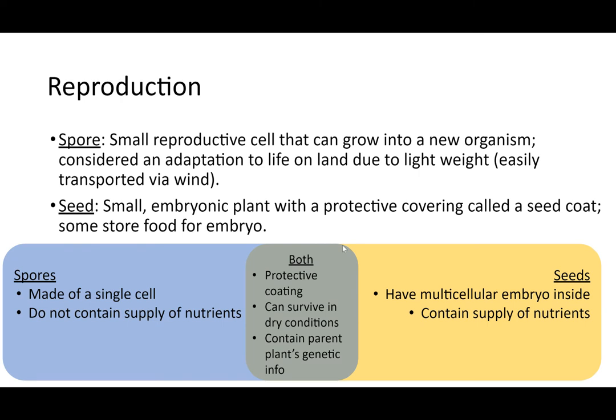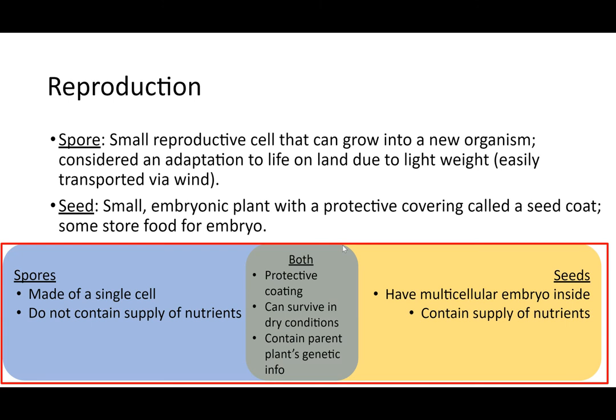Remember, we said that ferns use spores to reproduce. They use wind. And then, of course, there is the seed, which is a little bit more advanced and complicated. It's still pretty small, but it is the embryonic plant with a protective covering called a seed coat. And some of them can store food for the embryo.